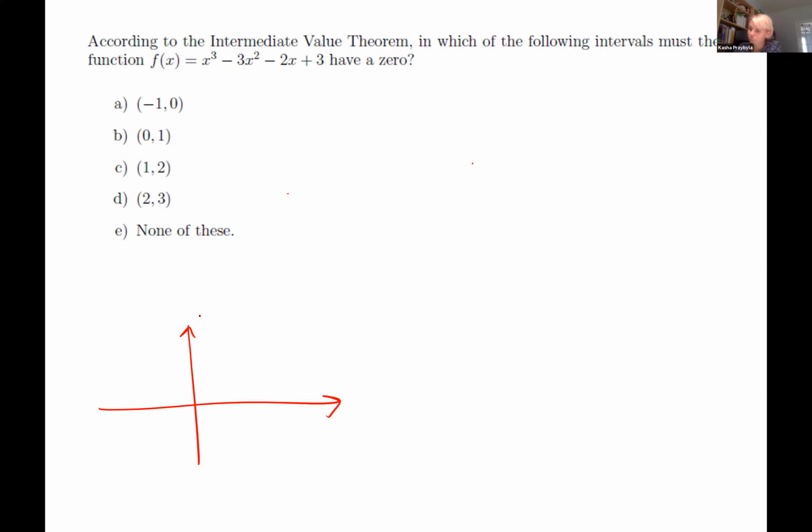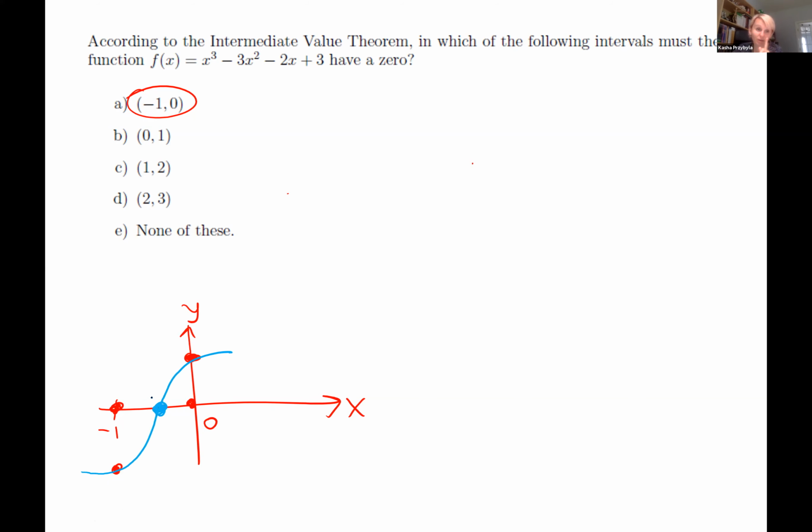If I take any interval, even this one, let's say -1 and 0, I would like to expect the corresponding value at -1 possibly to be below the x-axis, negative, and the corresponding value for 0 possibly positive, above the x-axis. Because if I have one value below, one value above, connecting these points, I have to go through the x-axis.